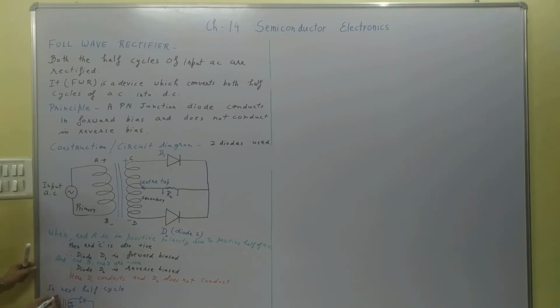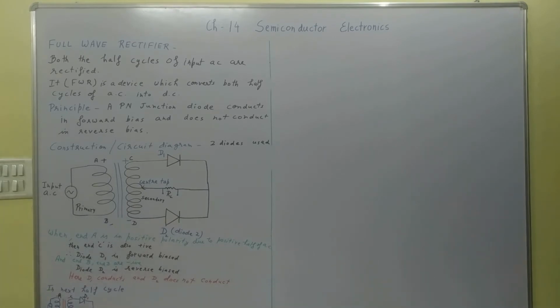In the next half cycle, this end is negative, so this end is negative, this is positive and this is positive. So we can say A, B, C and D. This is diode D1 and this is D2.